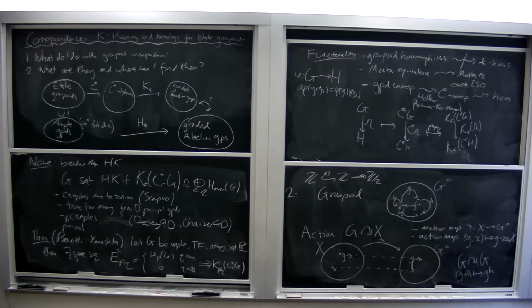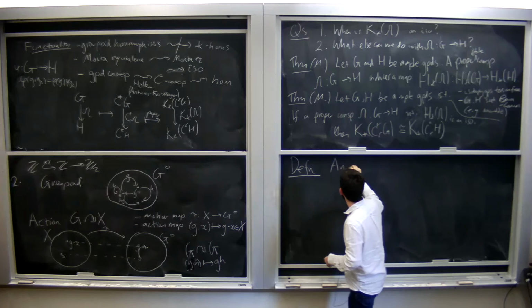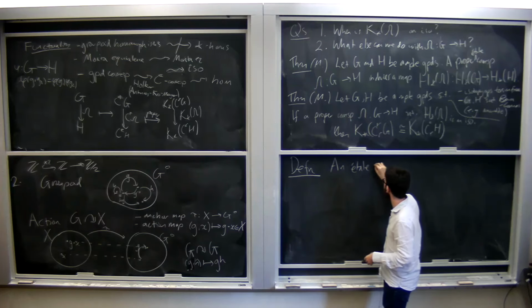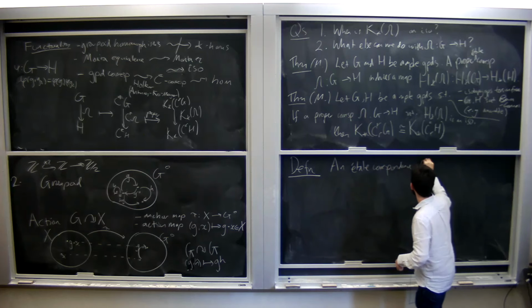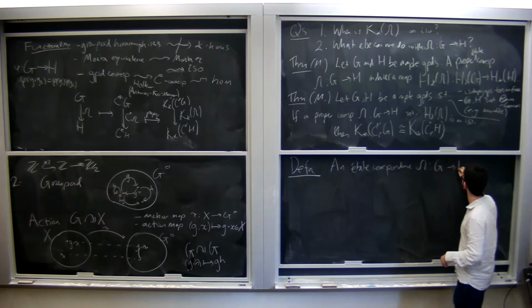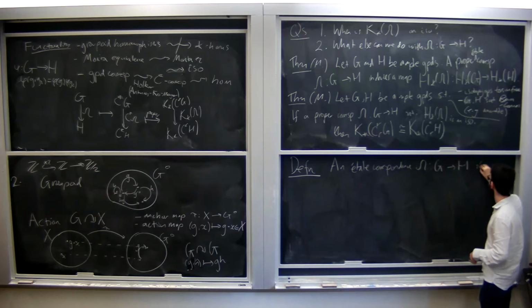Cool. So now I can define a correspondence. So an étale correspondence, this is omega going from G to H of étale groupoids.